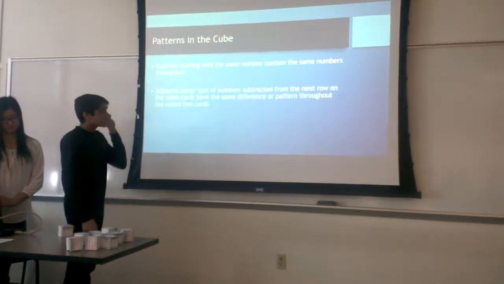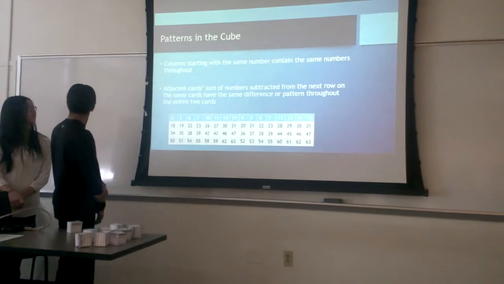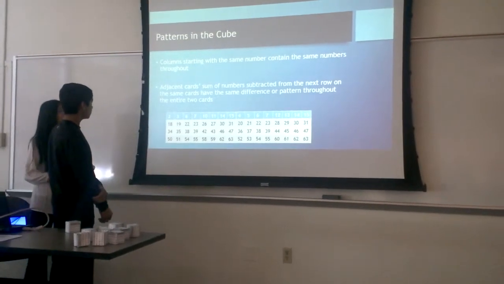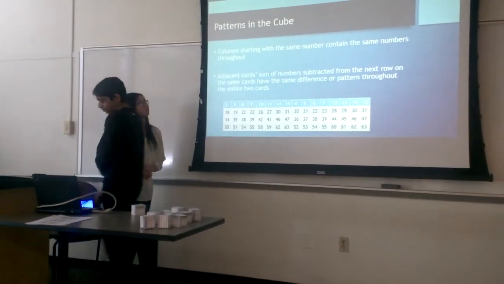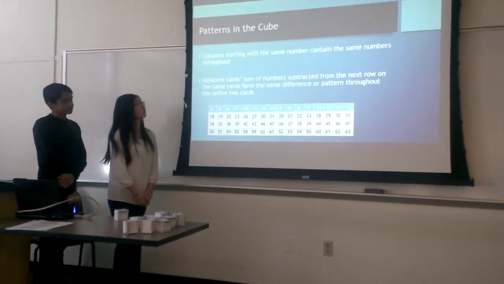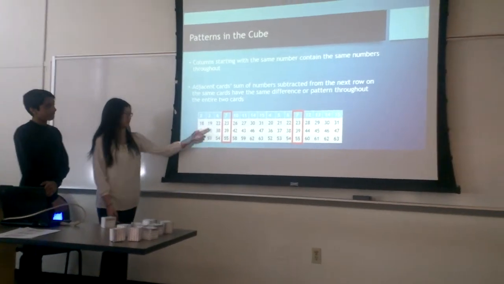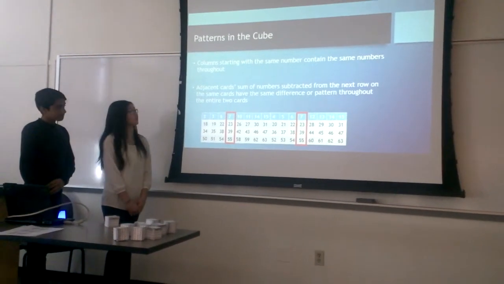But these are just some other patterns that we found. These are not proven yet. We saw that if columns started with the same number, they would have the same numbers throughout the whole column, like the 7, 23, 39, and 55.